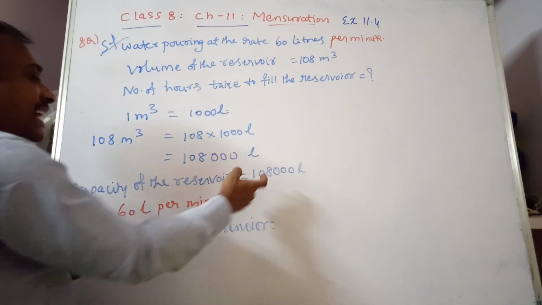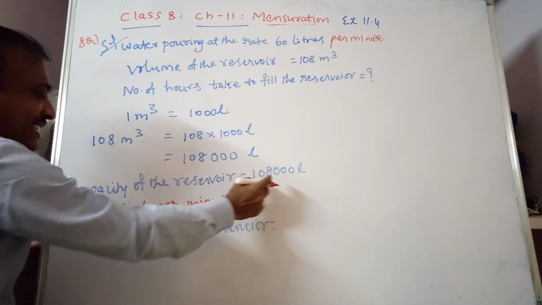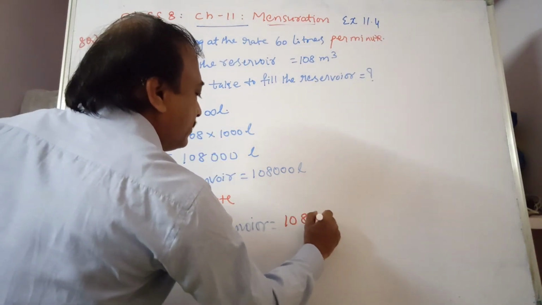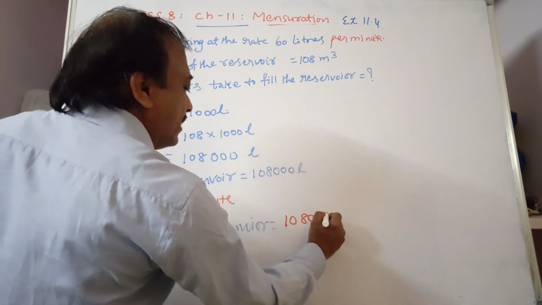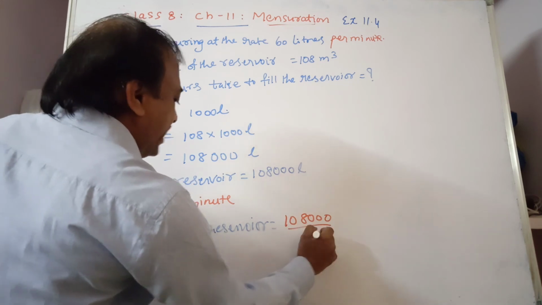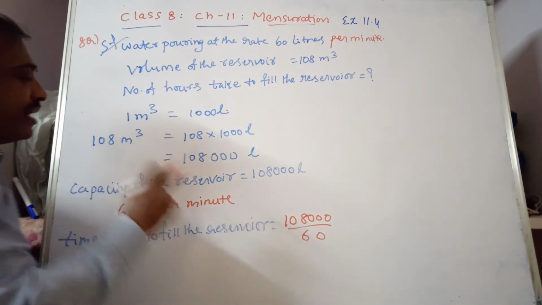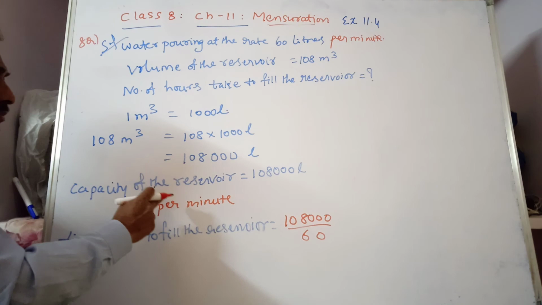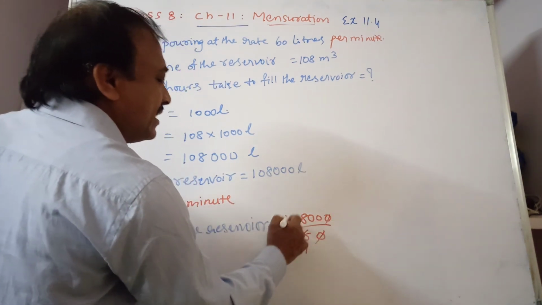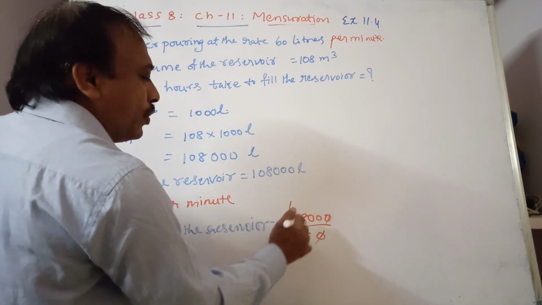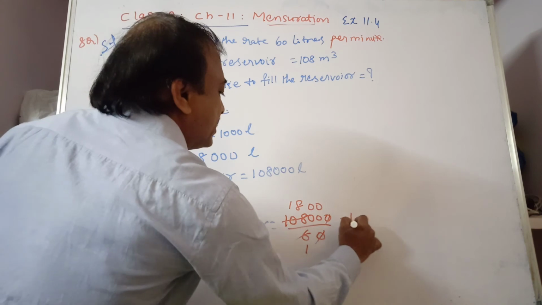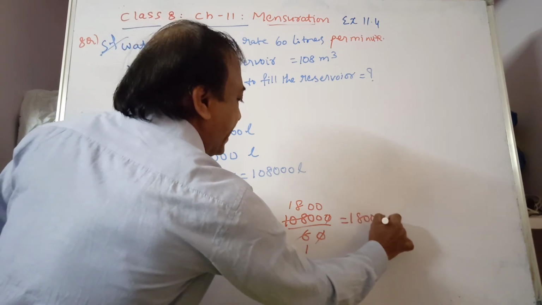So 1,08,000 divided by 60. The 0 gets cancelled. 6 ones are 6, 6 8s are 48, which is equal to 1800 minutes.